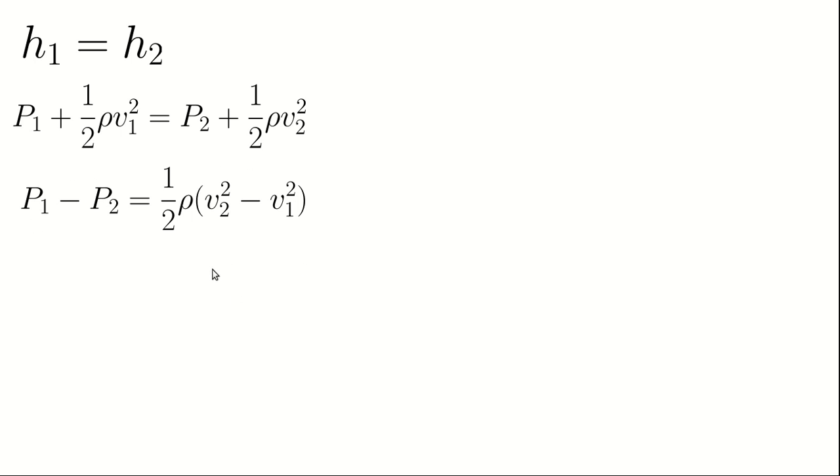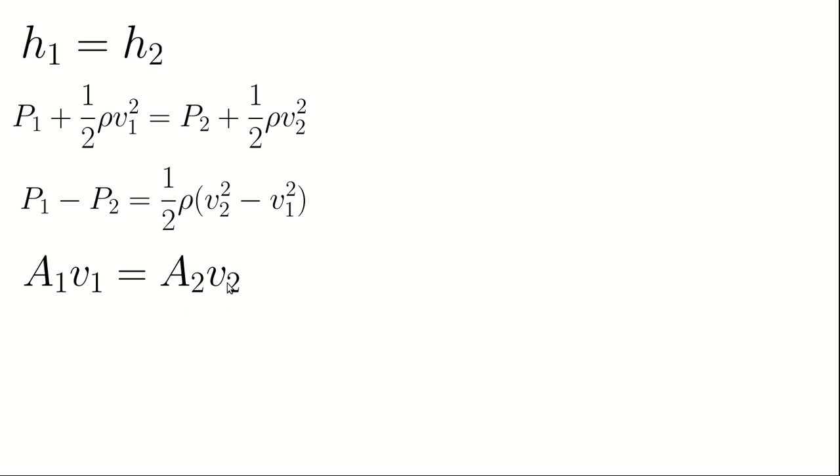Now since we're interested in calculating the velocity V1, we have to find a way of replacing V2 in terms of V1, since V2 is not known. And from this point we use our continuity equation, which is giving us this, where the amount of volume flowing through a point per second is equal to the amount of volume flowing through another point per second, right?